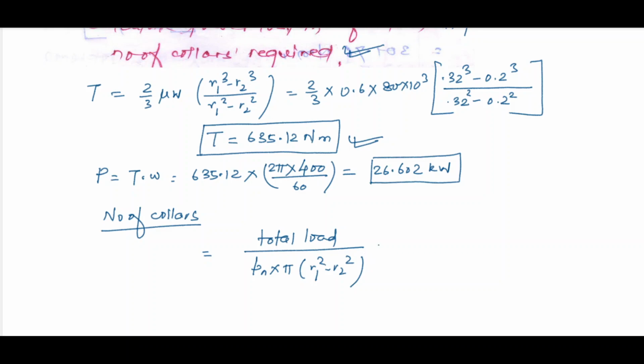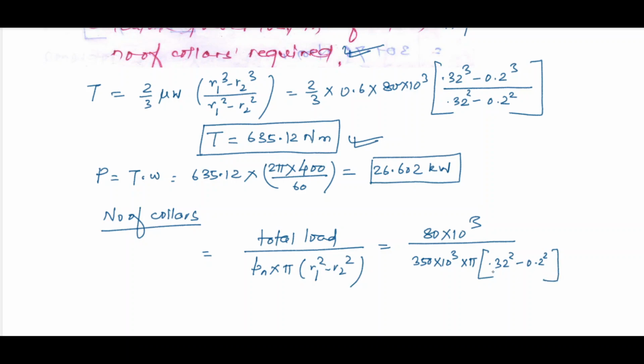So this will be equal to total load, here 80 into 10 to the 3, divided by pressure Pn, 350 into 10 to the power 3, into pi into (0.32 square minus 0.2 square).